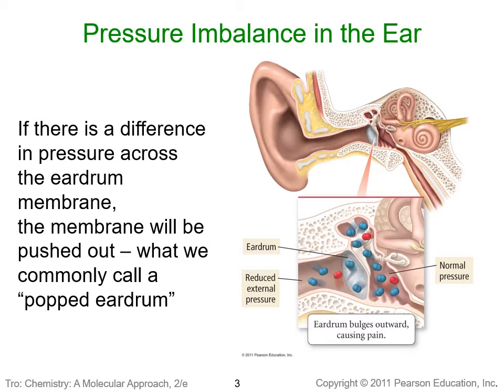So you may have experienced one of the variables that we talk about when we're talking about gases, and that is pressure. If you've ever been traveling and gone from a lower altitude to a higher altitude, either in an airplane or in the mountains in a car, you'll notice that there is a change in pressure. At lower altitudes, the pressure is higher, there's more gas molecules present.